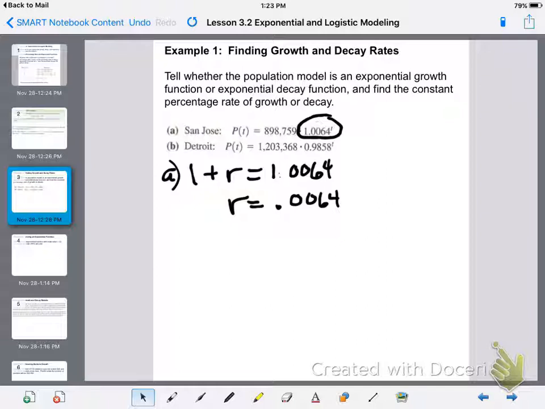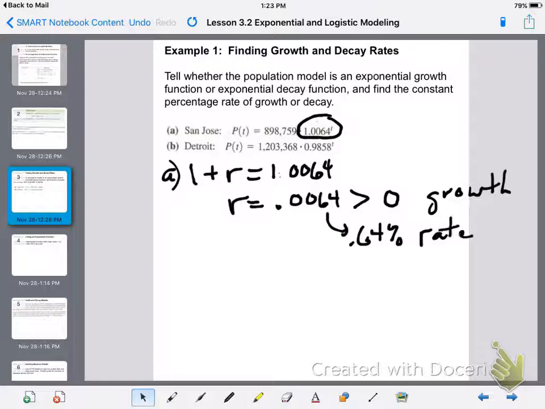Now that number is greater than 0, so since that number is greater than 0, we have growth. Now the growth rate is 0.64%.